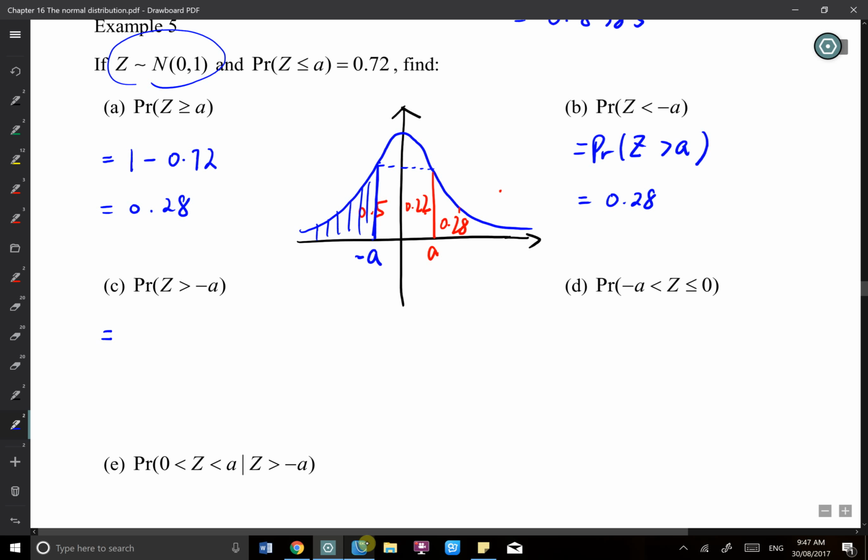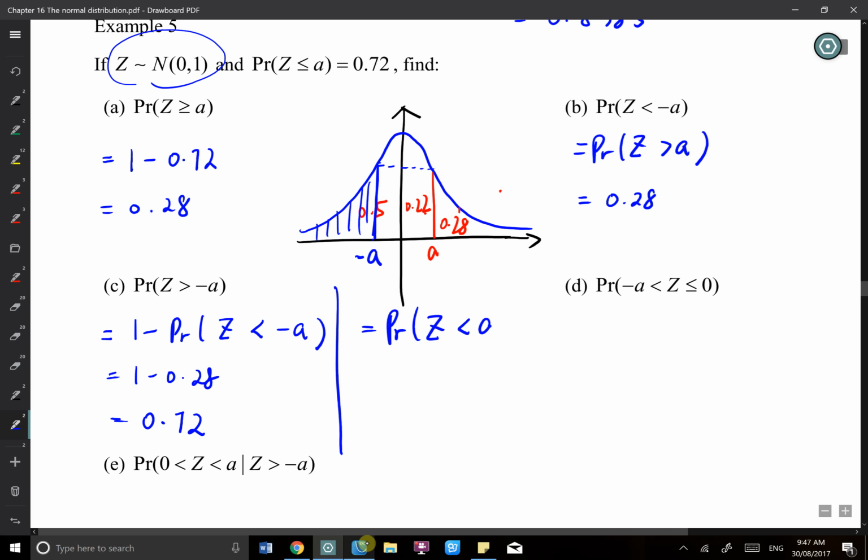Greater than negative a is 1 minus the probability z less than minus a, so subtract this area. That's 1 minus 0.28, which equals 0.72. Greater than negative a is the same as less than a, so that's 0.72 as well.